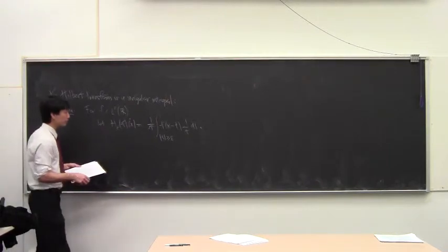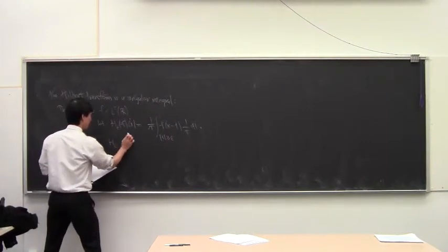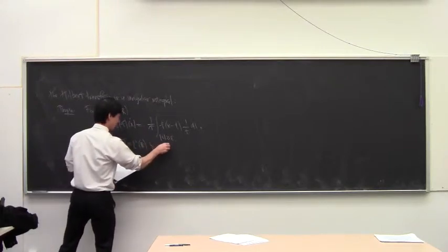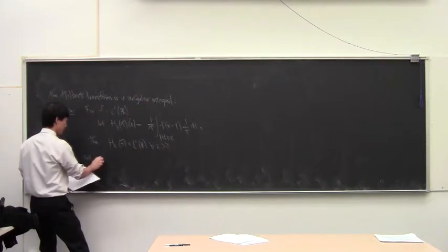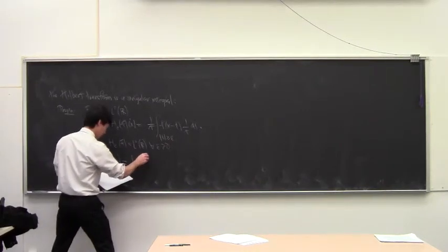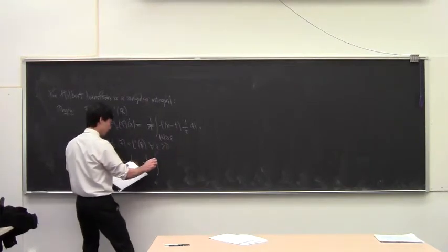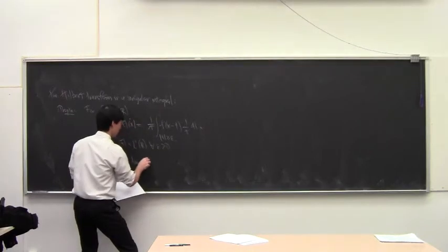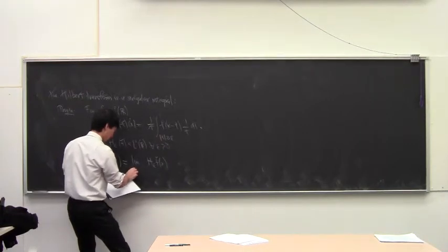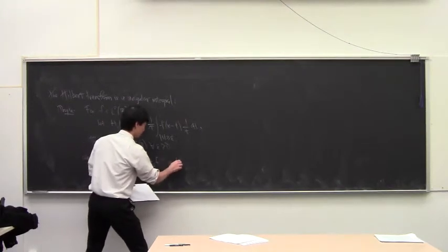Then h sub epsilon of f is in L2 for all epsilon greater than 0, and the Hilbert transform is actually the limit of these, the limit of the h sub epsilons as epsilon goes to 0, in the L2 sense.